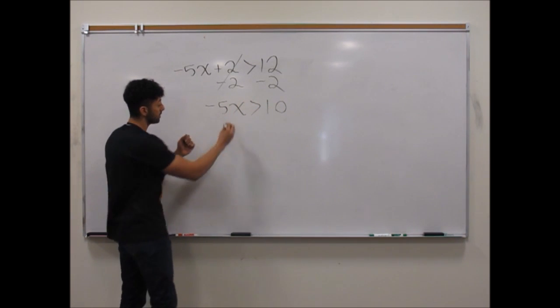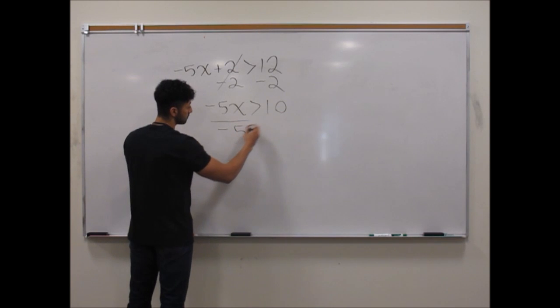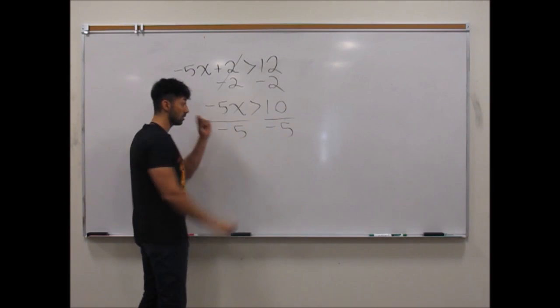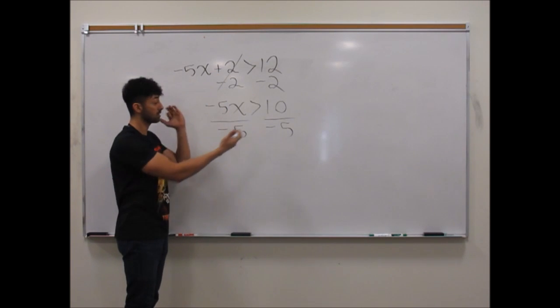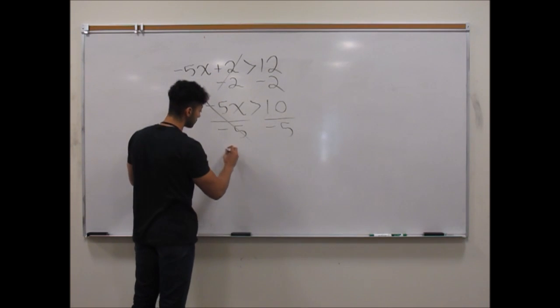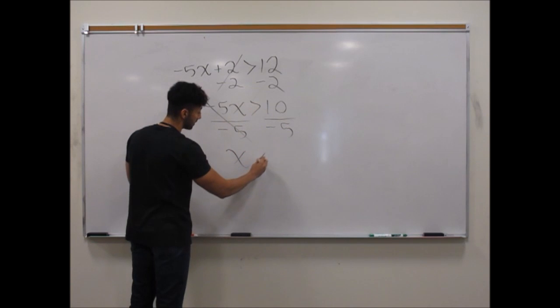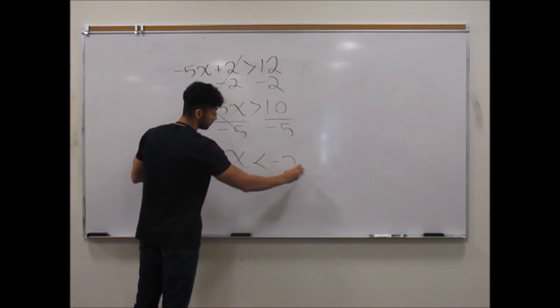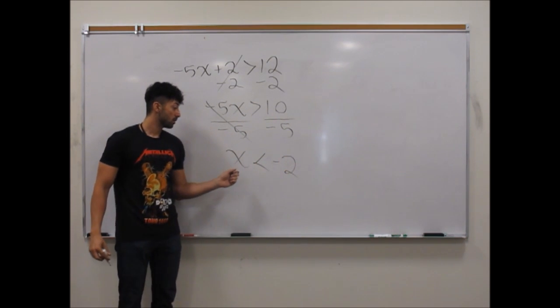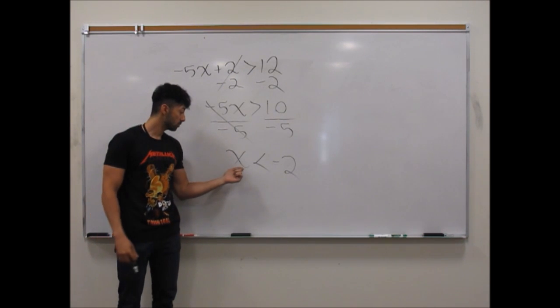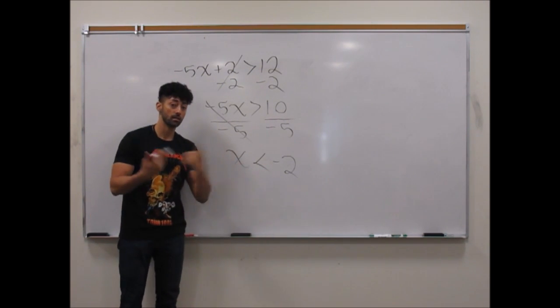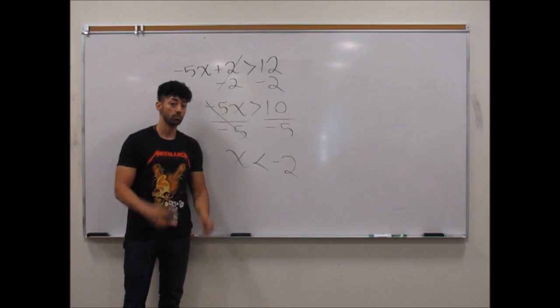This time notice we're dividing by a negative. And we said in the beginning, if you multiply or divide by a negative in the process of isolation, the sign switches. Then you get x less than negative 2. So this is telling me that to satisfy your original inequality, the x value that you choose has to be less than negative 2, and negative 2 is not included.